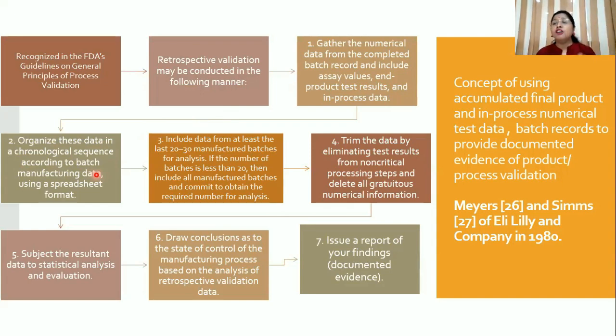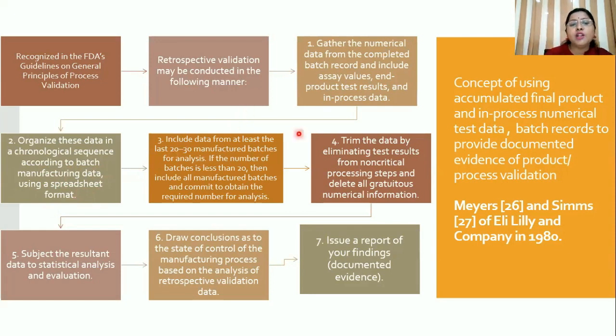We have to select in a chronological way, so organize the data in a chronological sequence, either in ascending order or in descending order. It again depends on the product. Then, according to the batch manufacturing data, use a spreadsheet format. So here you have to specifically follow the spreadsheet format, right? And the second is that it should be a chronological sequence.